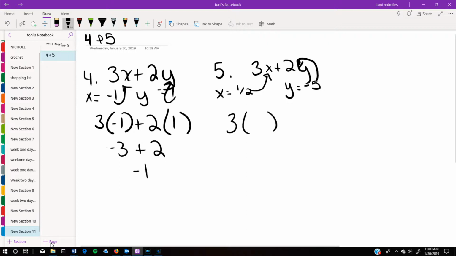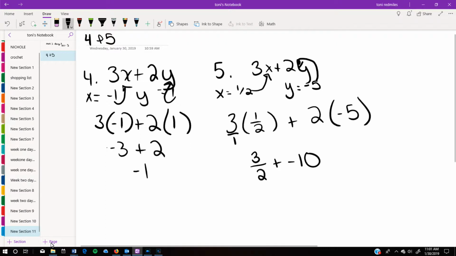So I'm going to fill in where the unknowns are with parentheses, put in my number that I'm evaluating for each variable, and then do my math. So I got to make that one a fraction. 3 times 1 is 3, 1 times 2 is 2, 2 times -5 is a -10.